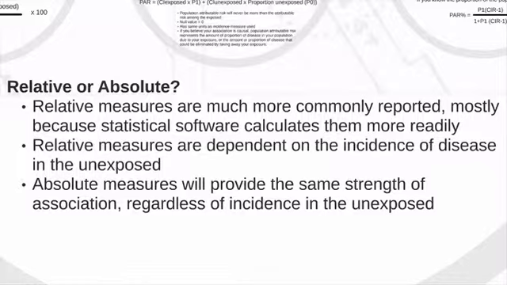What happens then if we go somewhere else on the spectrum from 0 to 1? What happens if the baseline incidence of disease, the incidence in your unexposed group, was 50%, and then you similarly bump up your incidence of disease by 2 percentage points among your exposed to 52%?